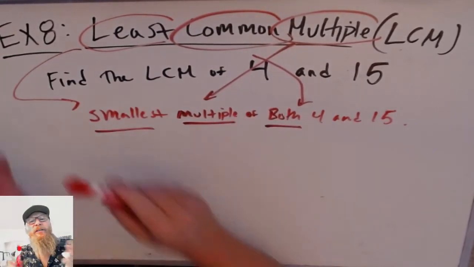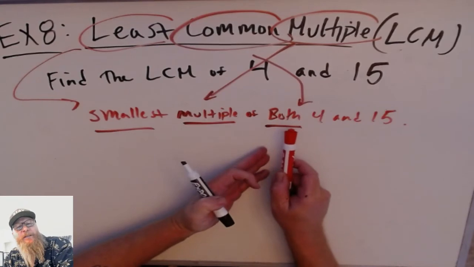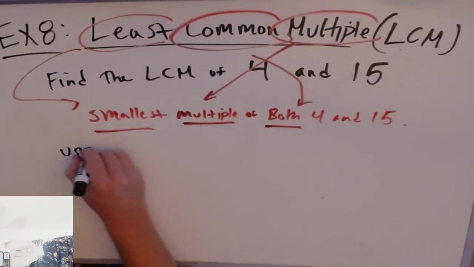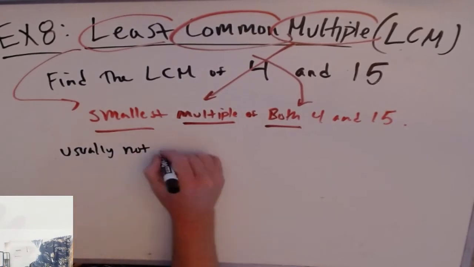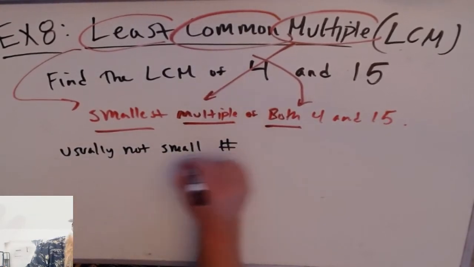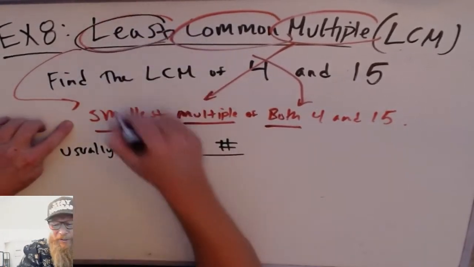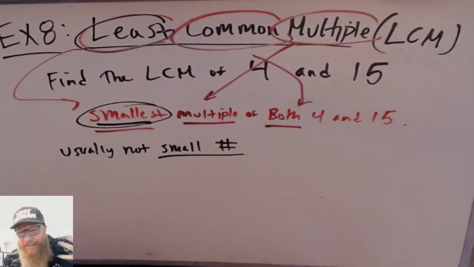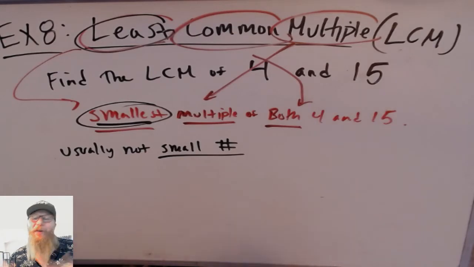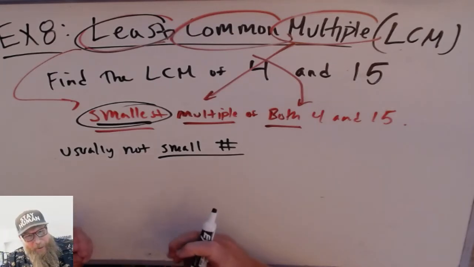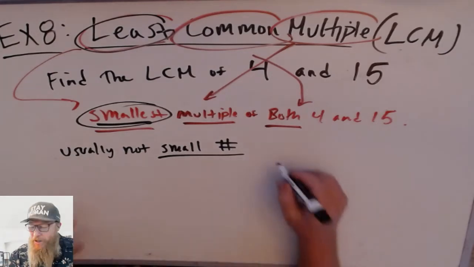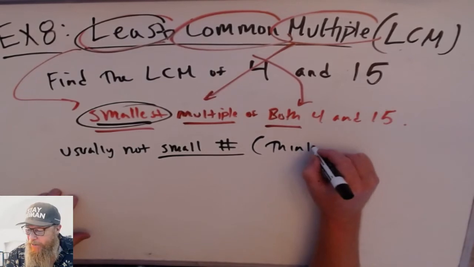So it's the least multiple that's common. The problem is it's usually not a small number, and so the word least or the word small sometimes poisons the mind. I'll give you a problem and you'll think of a small number. Your brain immediately goes to small, so you should actually be thinking of a big number.